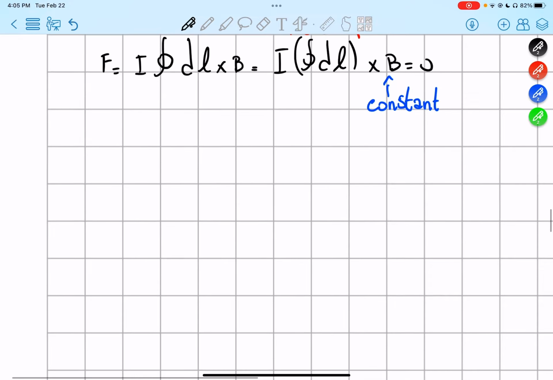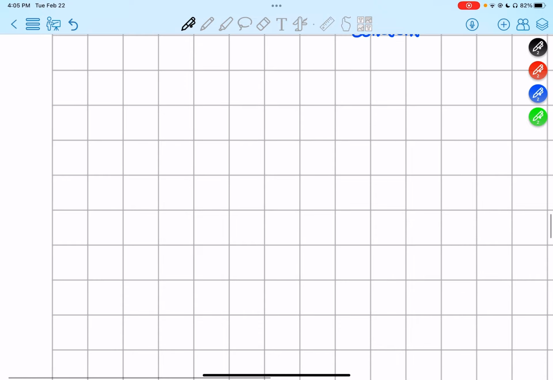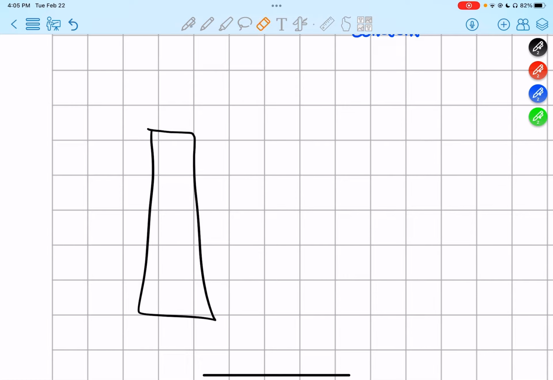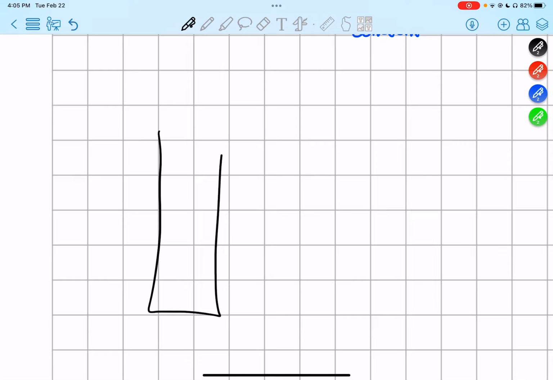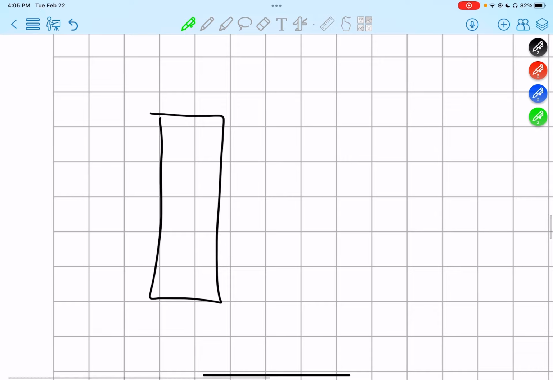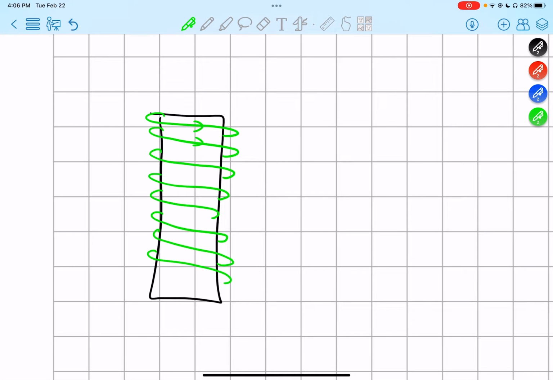All right. So now, what happens when we have a non-uniform field? Well, it's a little complicated to measure a non-uniform field, but this is usually given by a coil. So let's imagine we have a cylinder with a wire around it, with the current going in this direction.